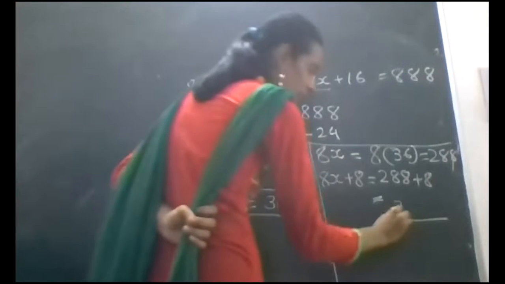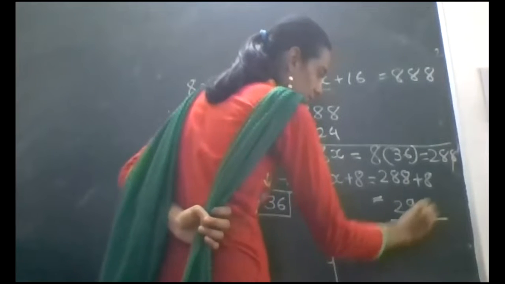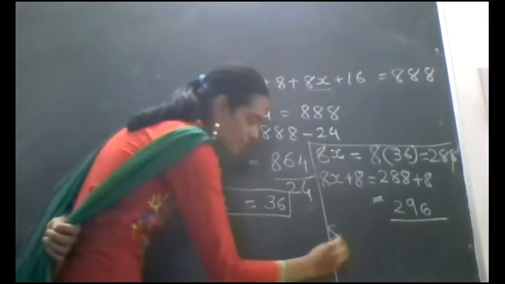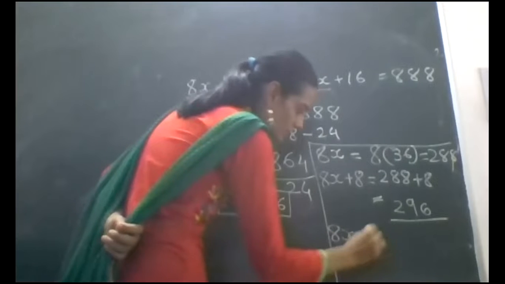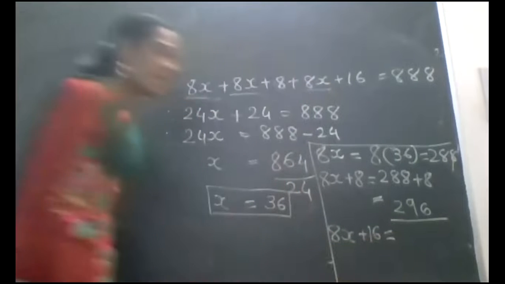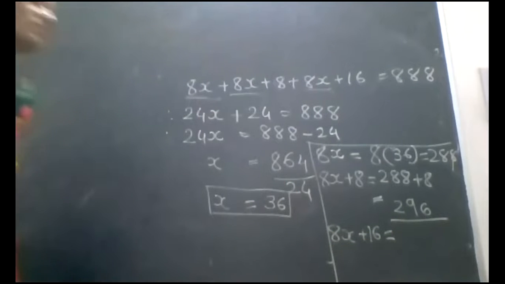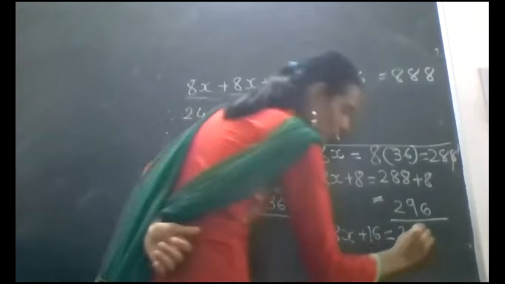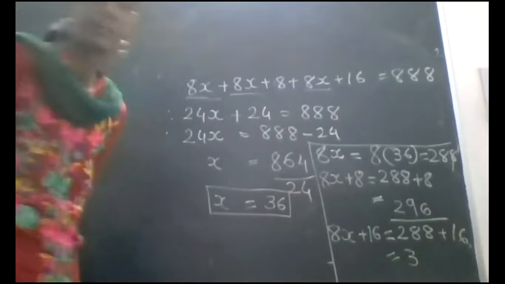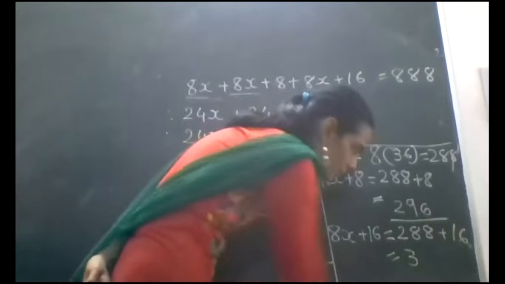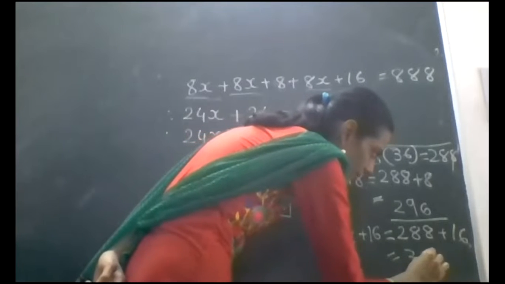What will you get? 296. Okay. Third consecutive multiple of 8 is equal to 8x plus 16, 296 plus 8 plus 16. What is it? 304.